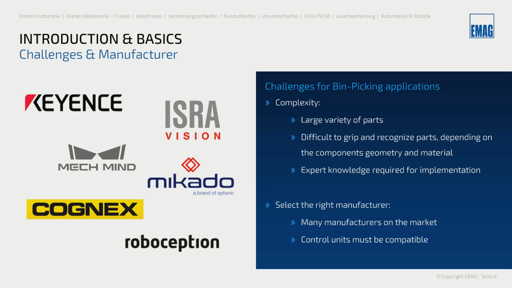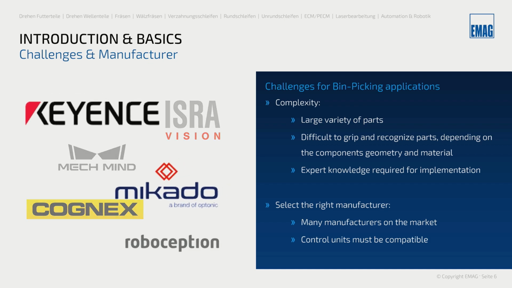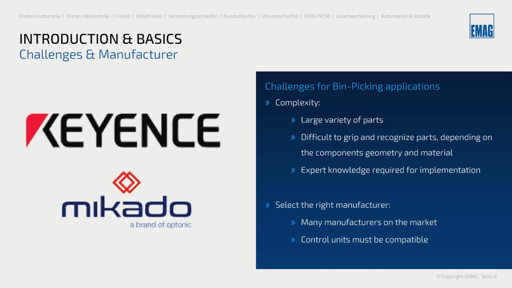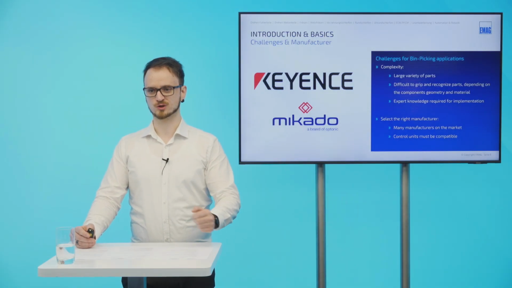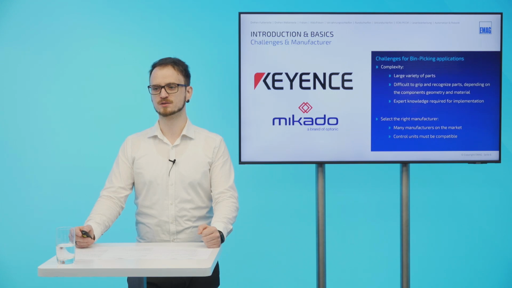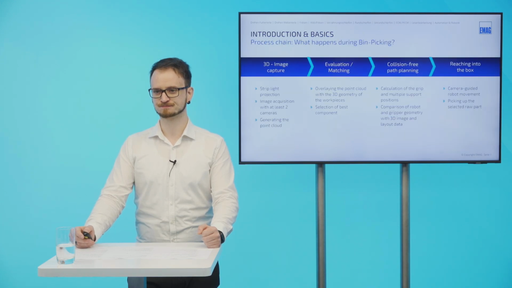For EMAG, we decided to use two different manufacturers for the systems that we use. It's Keyence that we use for 3D bin picking operations, and Mikado from Optonic that we use for depalletization. But what's the difference between those two, we will come to in a few slides.